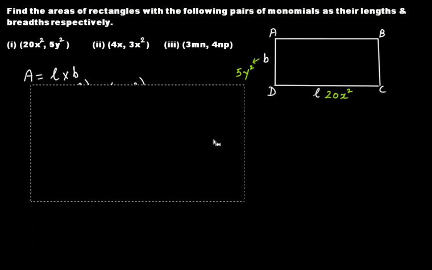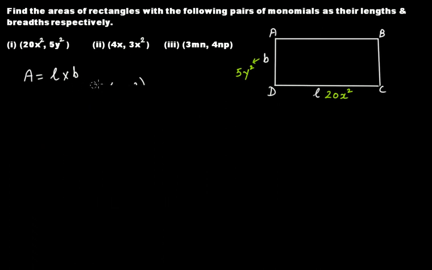Let's take the second example. In this case, we have 4x and breadth is represented by 3x squared. Length is 4x multiplied by breadth is 3x squared.